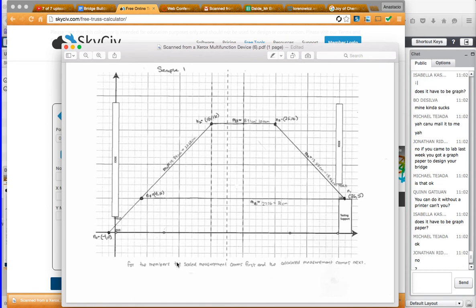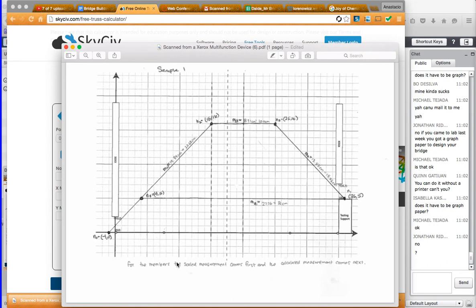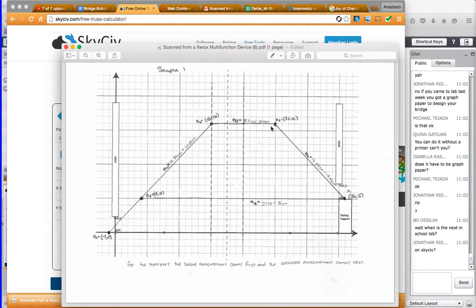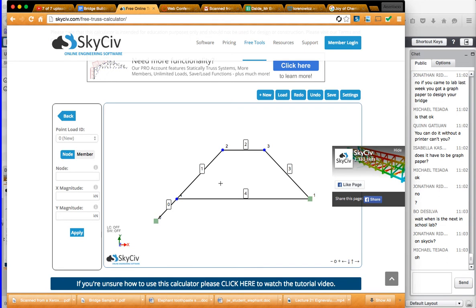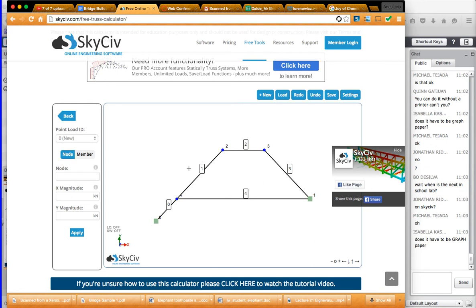You don't need this thing. All this lab 1 is to help you do the rest of the labs. You can do it on SkySiv without anything. Anyway, let me finish what I'm talking about. You can actually just use regular graph paper, to be honest.